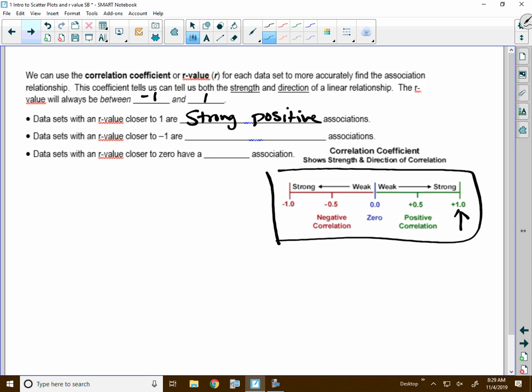If it's like 0.5, it's about in the middle, it's a moderate. If it's close to -1, that's a strong negative correlation. So you've noticed now, hopefully, that if it's 1 or -1, it's strong. And then as we get closer to 0, it becomes weak. 0 is a weak association.